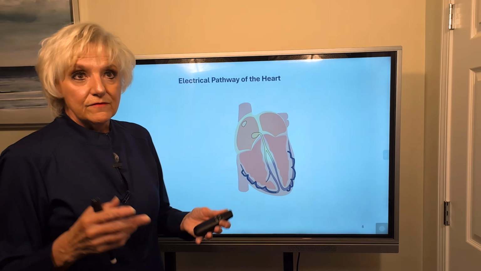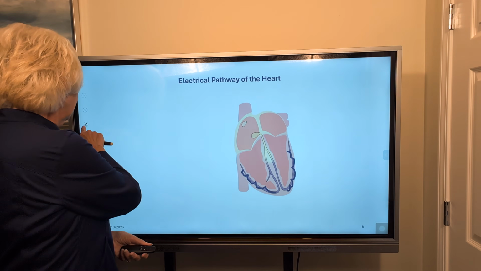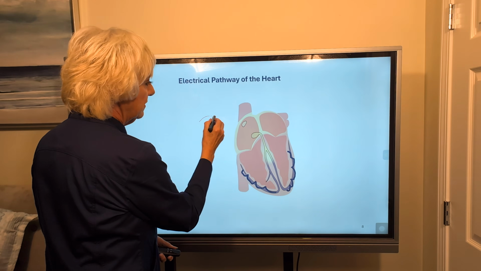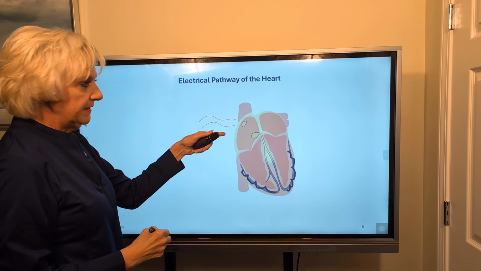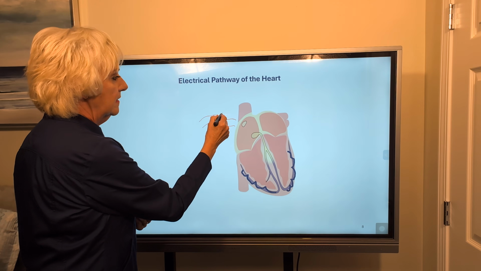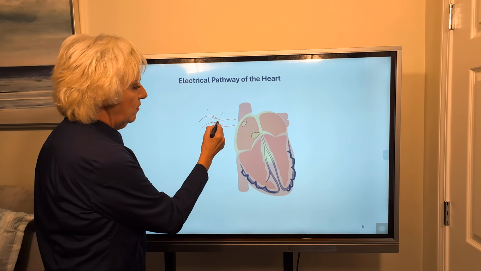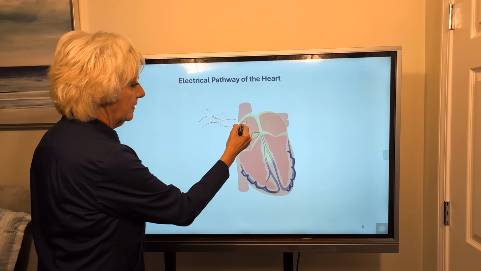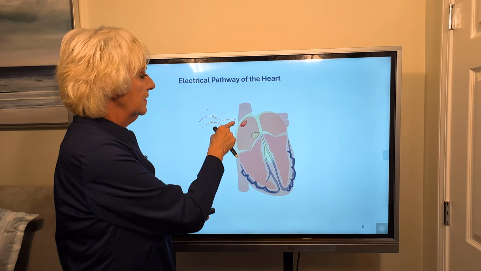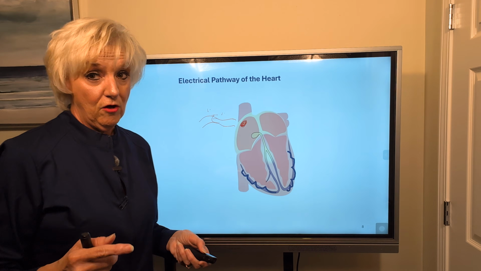So, for the electricity to occur, let's say this is the bloodstream coming in to the heart, and I'm going to say E for electrolytes. The electrolytes are going to go into the heart right here in a group of cells called the SA node, and it's in the right atrium of the heart.